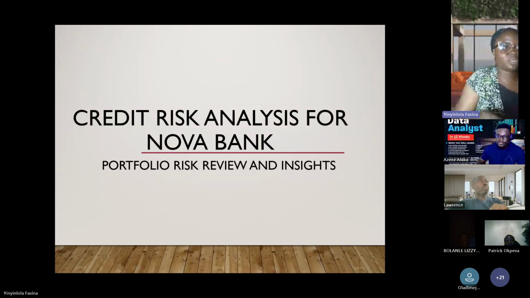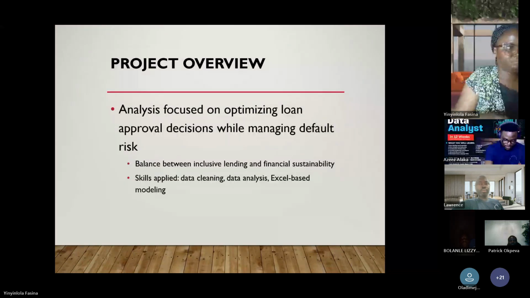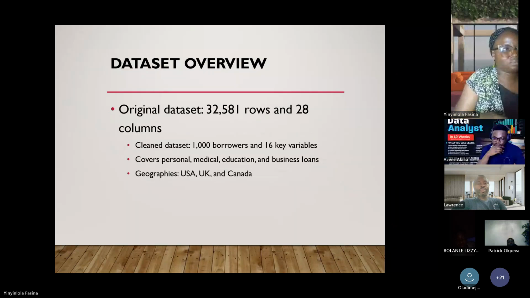This is a portfolio risk review. The analysis focused on optimizing loan approval decisions while managing default risk, and we have a balance between inclusive lending and financial sustainability. Skills applied: data cleaning, data analysis, then Excel-based modeling.